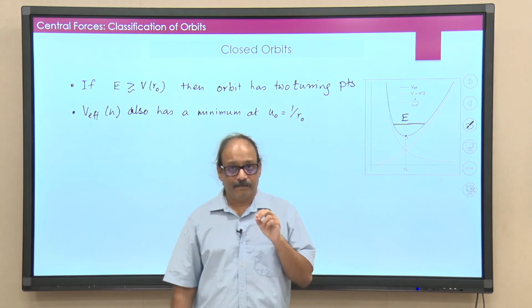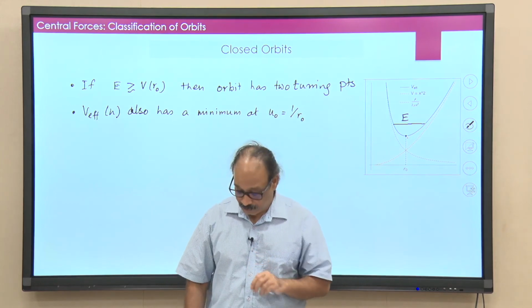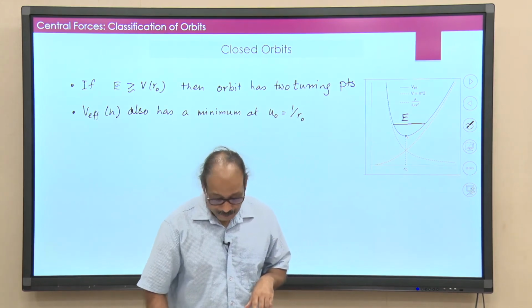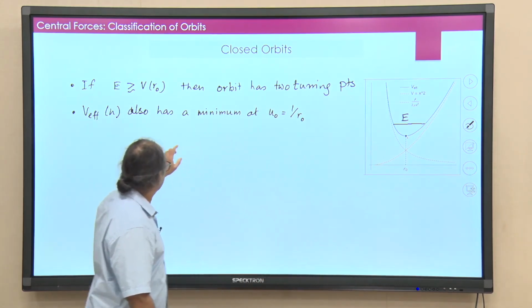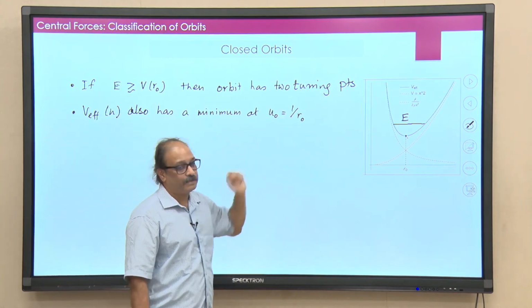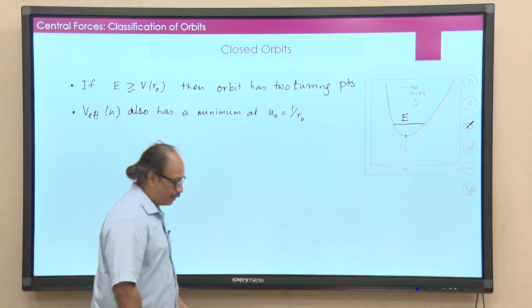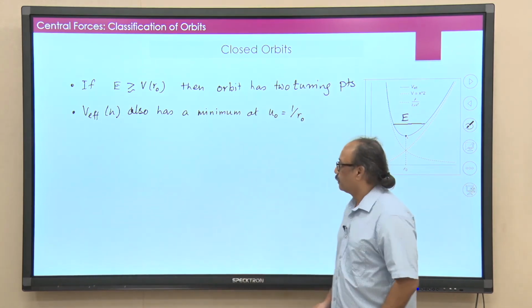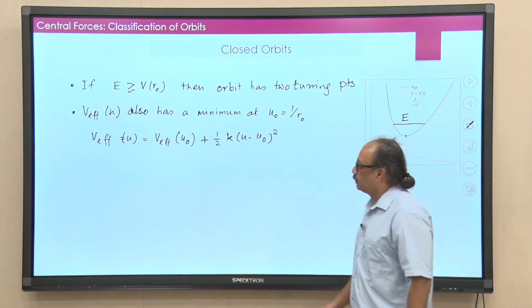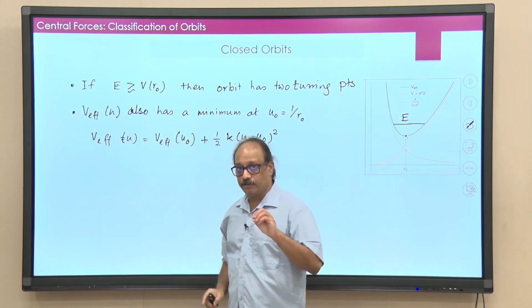So, when there is a minimum in V effective at R naught, correspondingly there will be a minimum at U naught, which is equal to 1 over R naught. Okay. And if there is a minimum in U, then I can do a Taylor expansion of this near U naught.